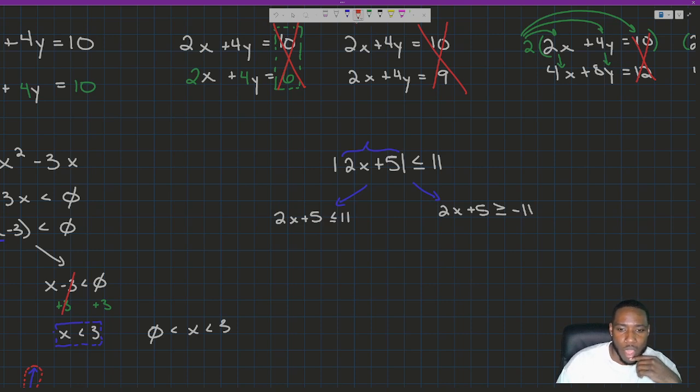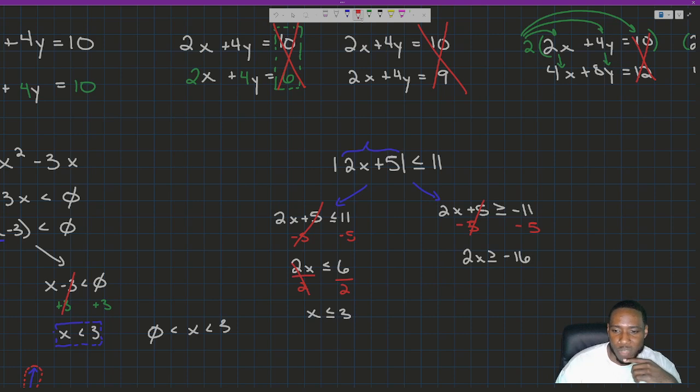To solve, we're going to subtract 5 from both sides. And because the setup is the same, we're doing this in every one of these equations. We end up with 2x is less than or equal to 11 minus 5 is 6. Let's go ahead and divide both sides by 2. And we end up with x is less than or equal to 3. Over here on the right, we do that simplifying. We get 2x is greater than or equal to negative 11 minus 5 is a negative 16.